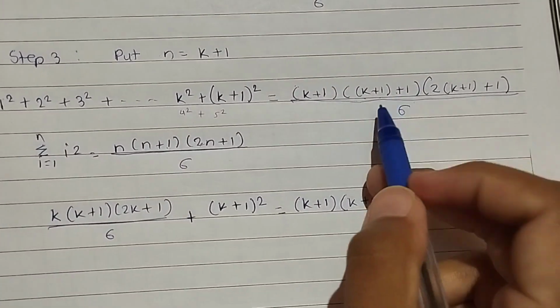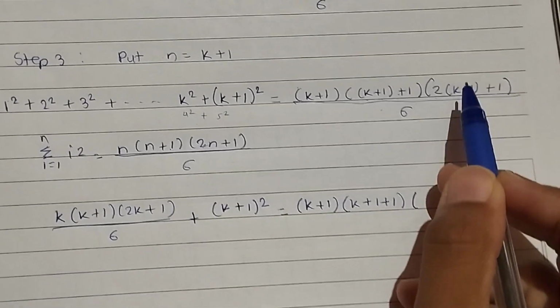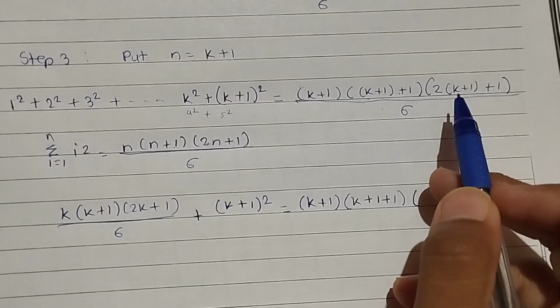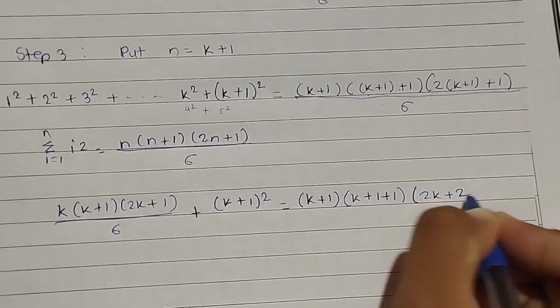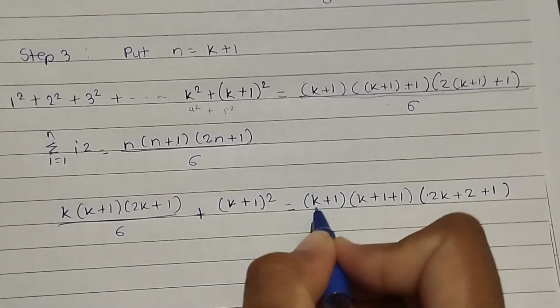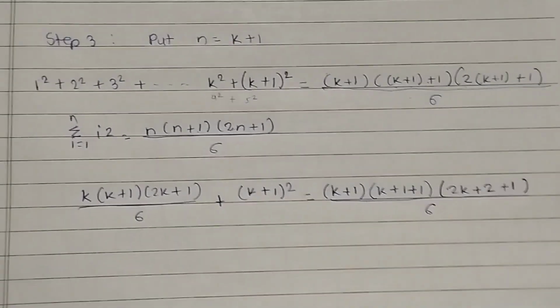Now this term is also simplified. So 2 into (k plus 1), so we multiply 2 with the whole bracket (k plus 1). So we get 2k plus 2 plus 1. I hope you get it.